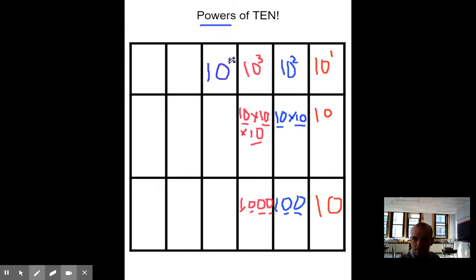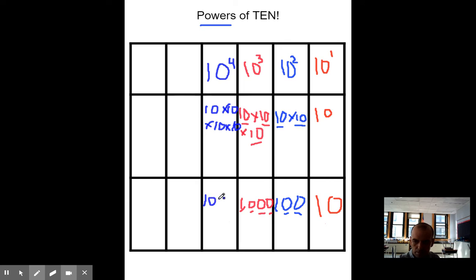Now we're going to go here. Now we'll start up here, 10 to the 4th. Okay, so how many 10s multiplied? 4. 10 times 10 times 10 times 10. Okay, so then what does that equal? Well, it's 4 zeros.